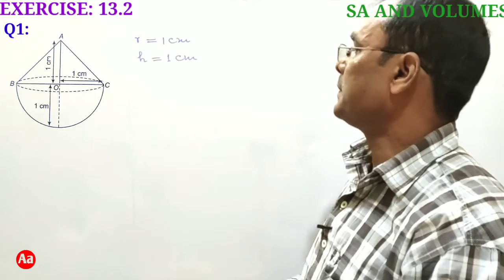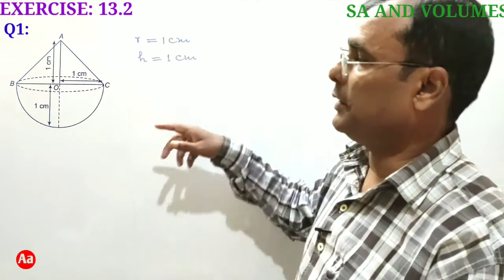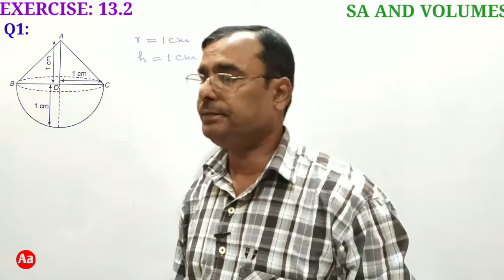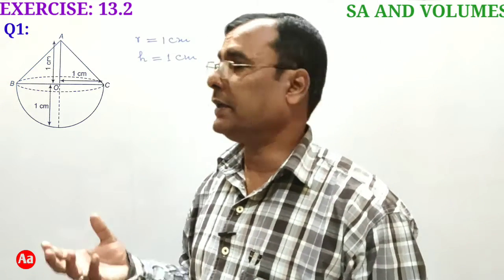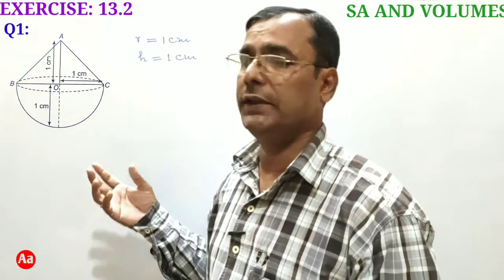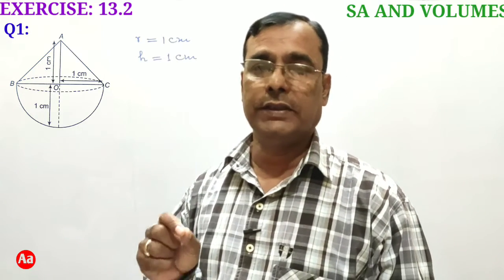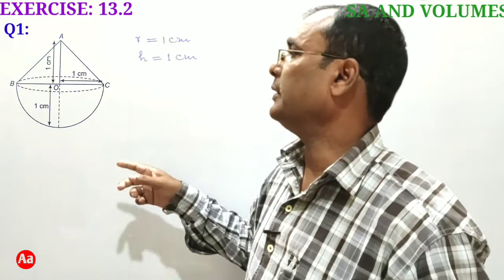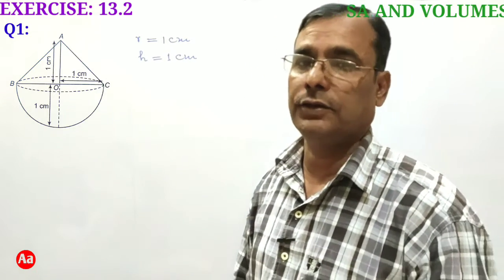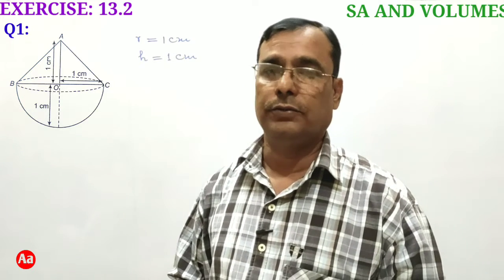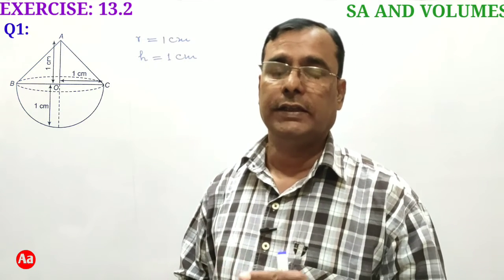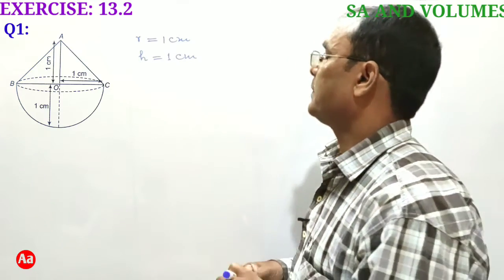That is, in the solid which is made up of two basic solids, radii of the spherical part as well as of the conical part are 1 centimeter each, and the height of the conical part is also given as 1 centimeter. We are going to find the volume of the entire solid in terms of pi.